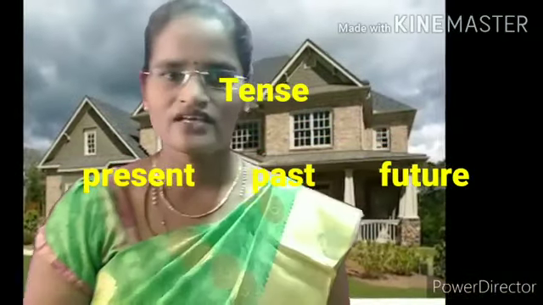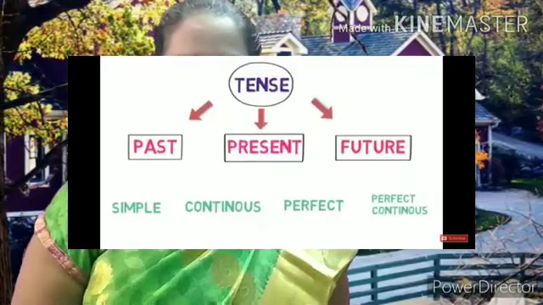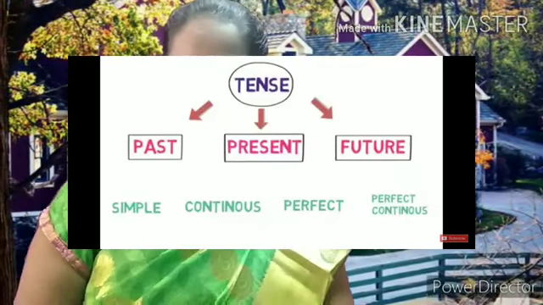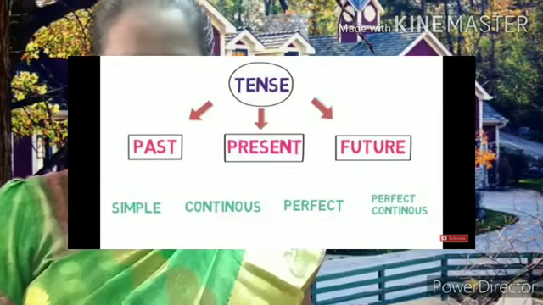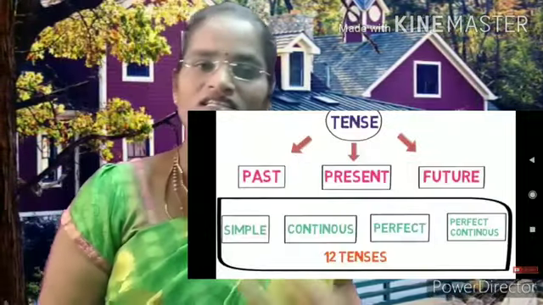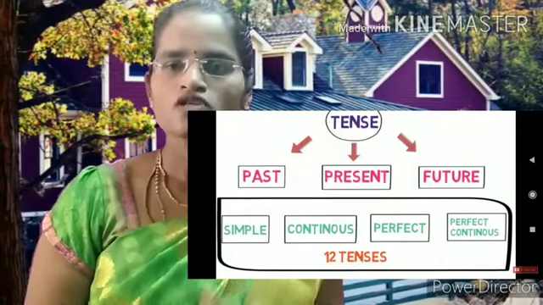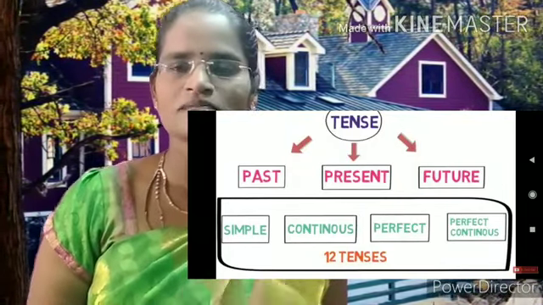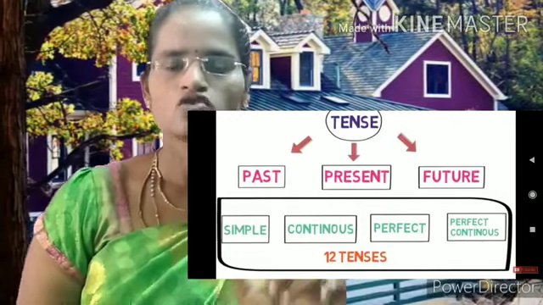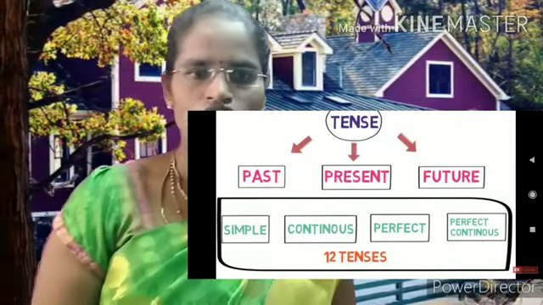Each parent is having four sons with the same name. They are simple, continuous, perfect, and perfect continuous. Binding them all become 12 tenses of siblings. So there are 12 tense forms in tense.